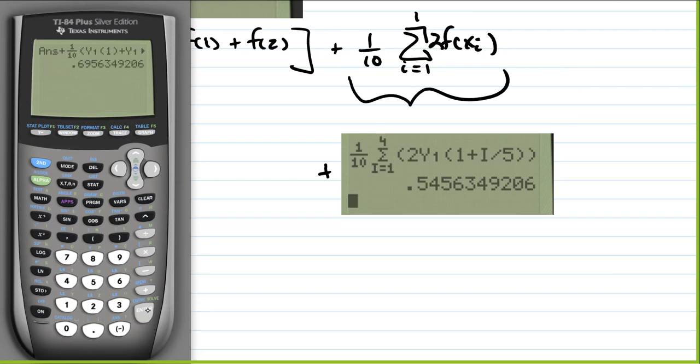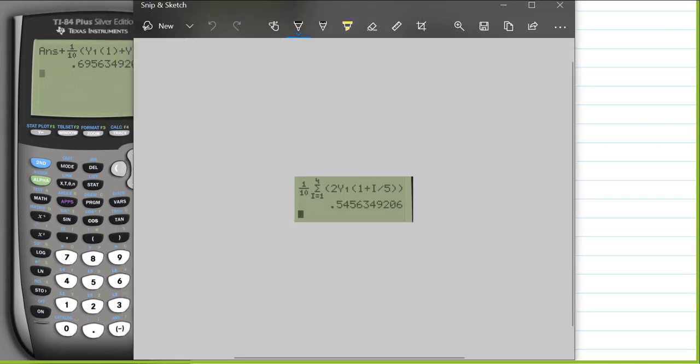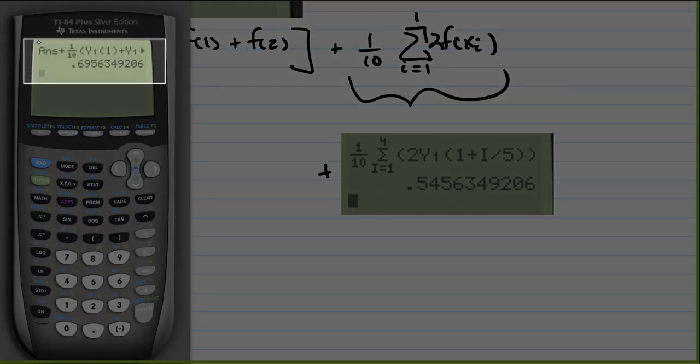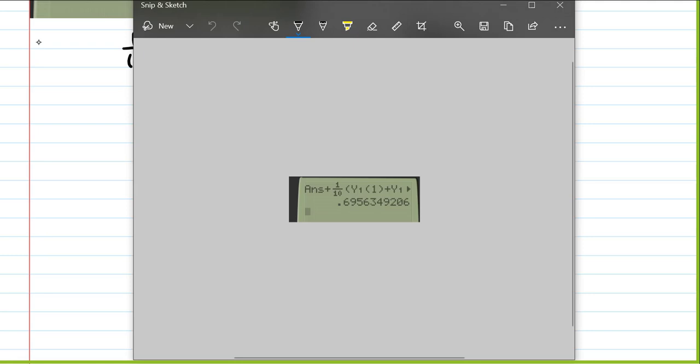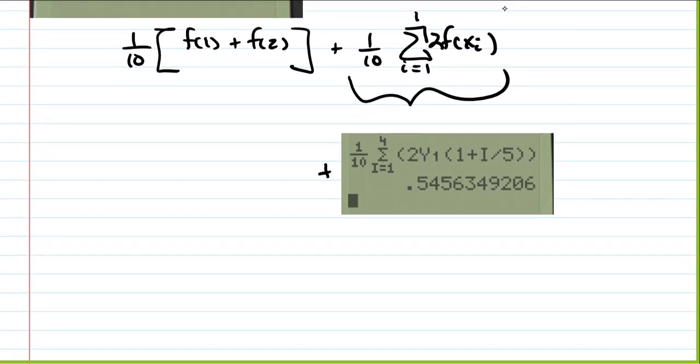And we get, when we add them both together, we get the same value that we did when we did it manually, right?